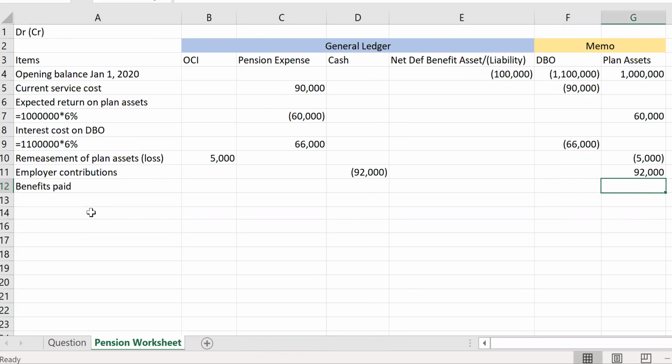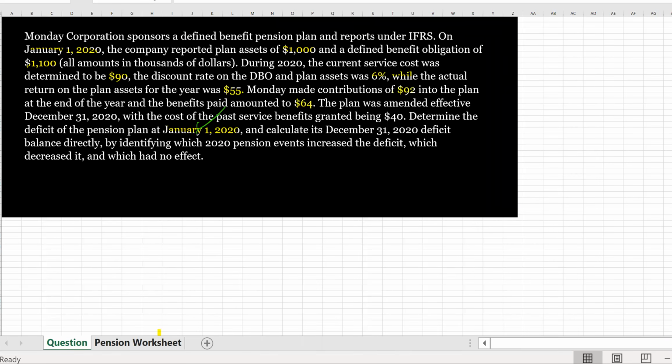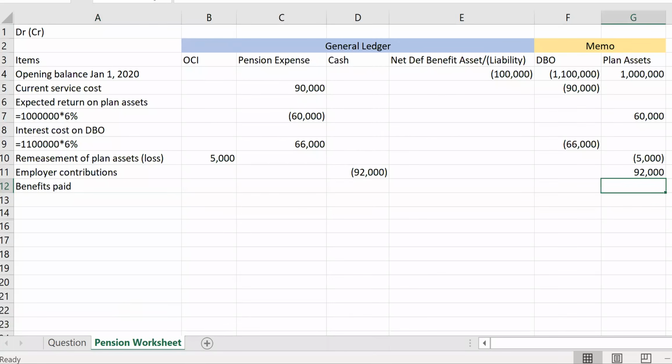So the benefits paid of 64,000 are going to decrease the assets of the plan because we're taking cash out of that account, if you will. And it's also going to decrease our future obligation because as we pay out the benefit, we have that much less that we have to pay out in the future.